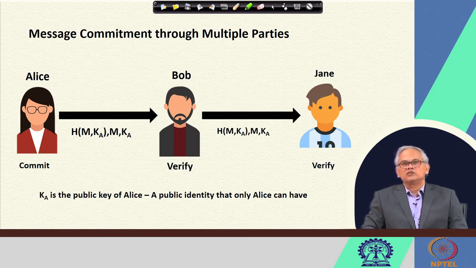In this case, the hash which was stored can be checked by running the same hash function on m and K_A and checking whether that matches with the original hash. The same verification can be repeated by Jane, who can also run the same steps to check whether indeed that m was the message that was stored by Alice. And later on we will see how Alice also cannot deny that it was indeed a message that was stored by her.